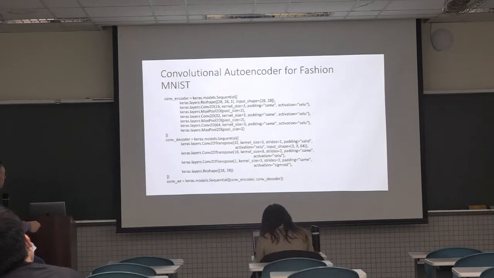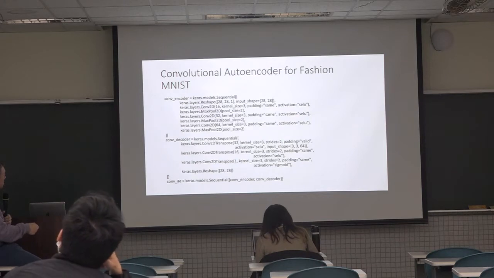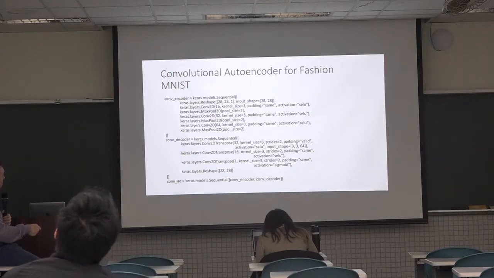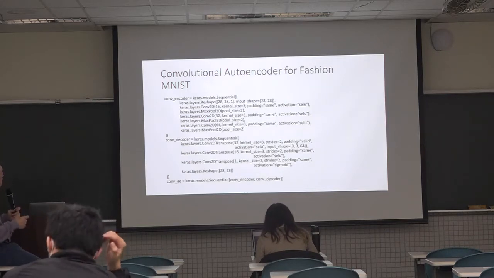Then we have another Conv2D, which creates 32 feature maps with a 3 by 3 kernel, again same padding and ReLU activation, and again we apply max pooling to further reduce the width and height by half.